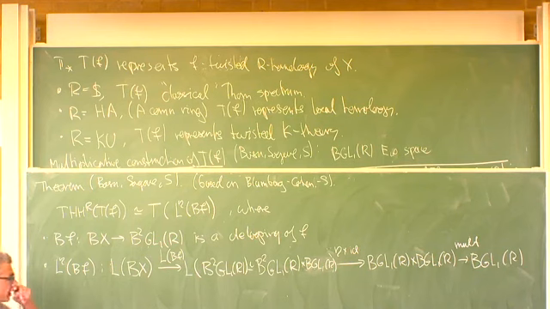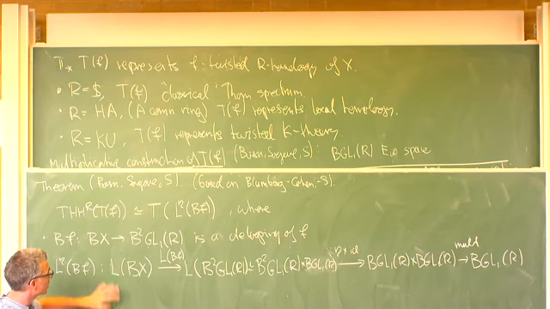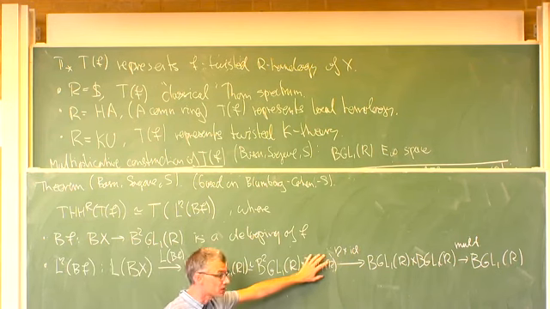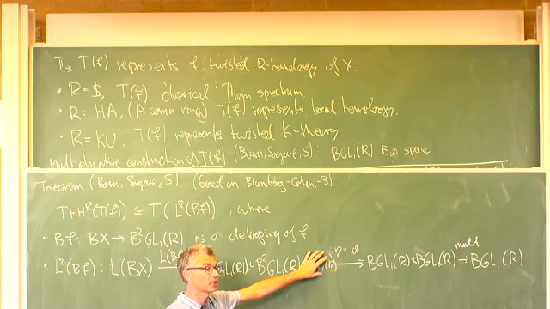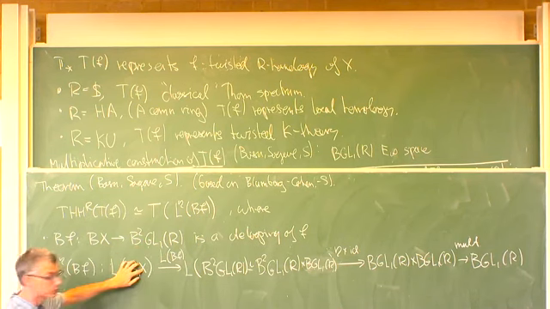There's another way to write what this map is, and that is to think of the free loop space here as being the cyclic bar construction of X, which has a multiplicative structure. And we could map the cyclic bar construction of X to the cyclic bar construction of PGL1 of R, which also has a multiplicative structure. This is actually an infinite loop space, so here we are allowed to multiply the elements together in each degree to end up in PGL1 of R. We couldn't do that for X, which is only a priori a single loop space.